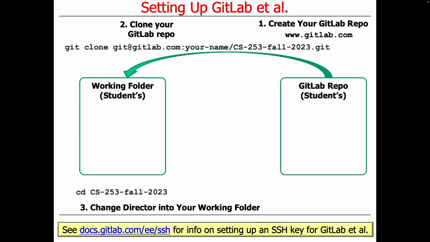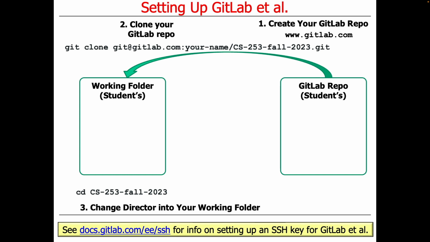After you've created your GitLab repo, you go onto your local machine and find a place to put it. I recommend putting it up towards the top of your file system, for various reasons having to do with path length issues. You want to do a git clone of this name, and I think I have this in my welcome message on Piazza.